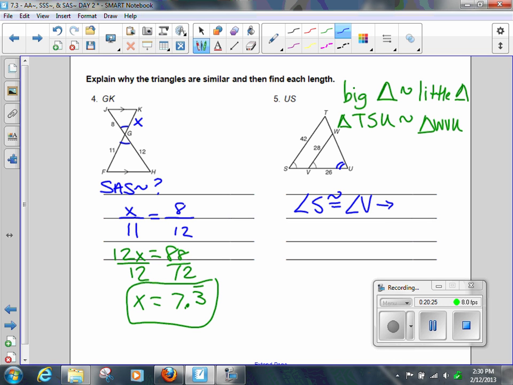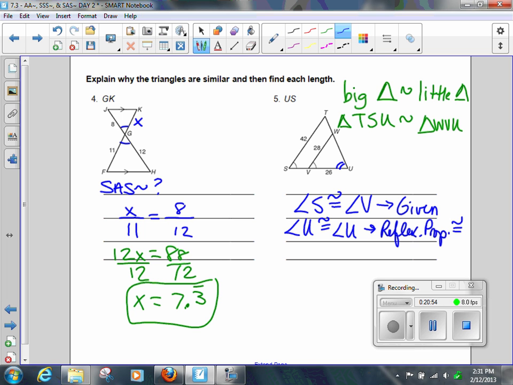That's given. What's the other set of congruent angles? Angle U is congruent to angle U, by the reflexive property of congruence. Kind of like a proof.